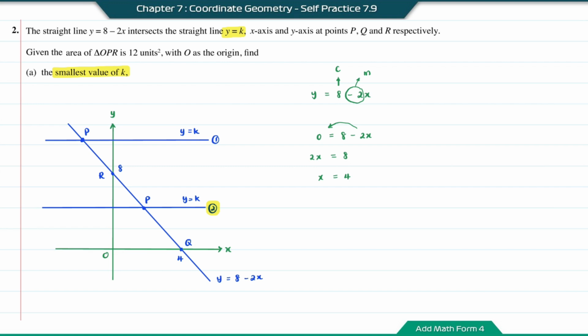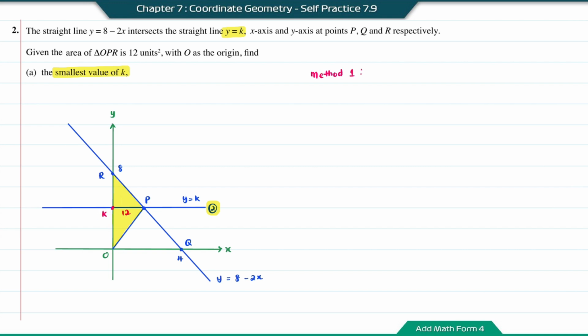So here I'm going to show you two solutions for this question A. Method number 1: as we already confirmed, when y equal to k is lower than the point R, it's going to give us the smallest value of k. Then the triangle OPR will be on the right-hand side of the y-axis, and here the y-coordinate will be k.